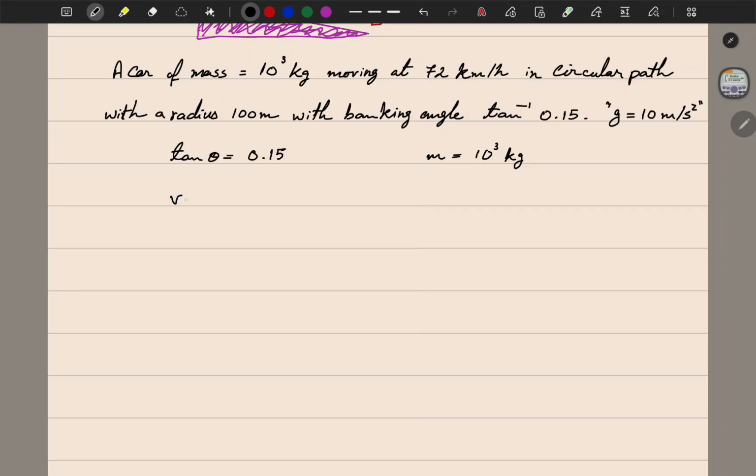The velocity is 72 kilometers per hour. We need to convert this to SI units. The SI unit for velocity is meters per second, not kilometers per hour. So in order to convert, we have kilometers multiplied, so I'm going to put it as divided, and we have hour divided, so I'm going to put it as multiplied.